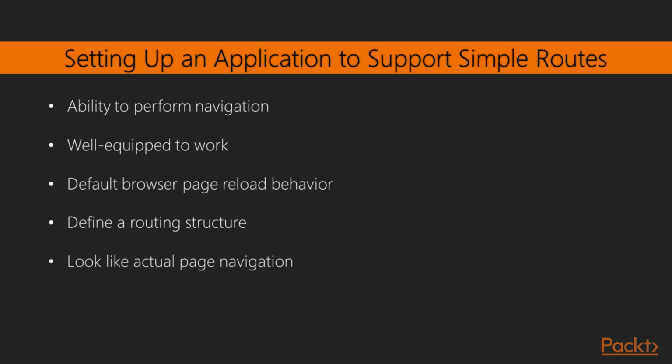Central to the behavior of single-page applications is the ability to perform navigation without a formal browser page reload. Angular 2 is well equipped to work around the default browser page reload behavior and allow you to define a routing structure within it, which will make it look and feel like actual page navigation.